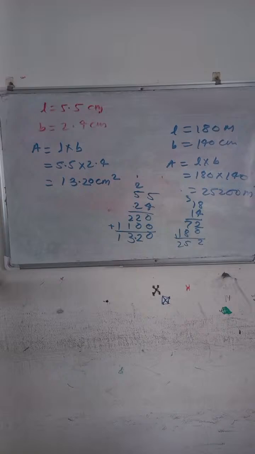Calculate the area of the square whose sides are 1.2 centimeter and, second bit, 5.6 meters.